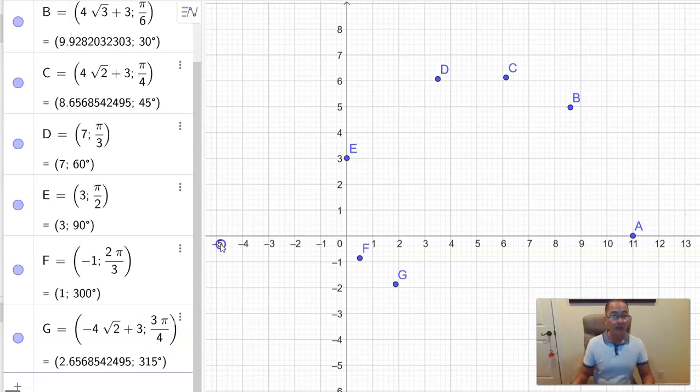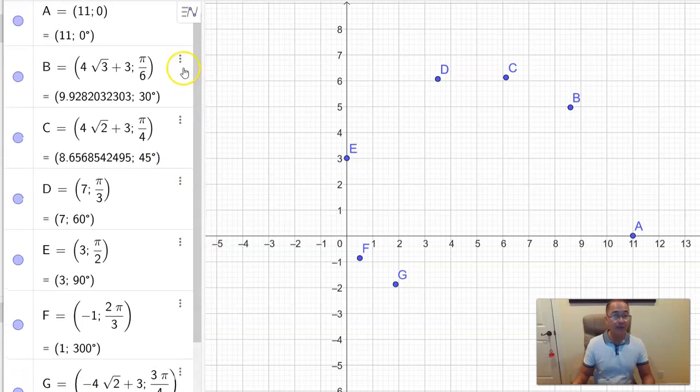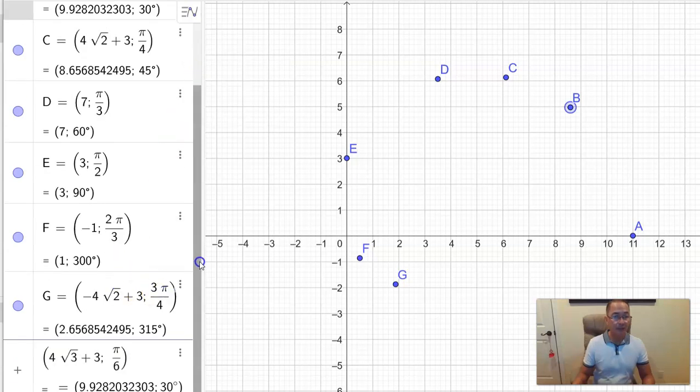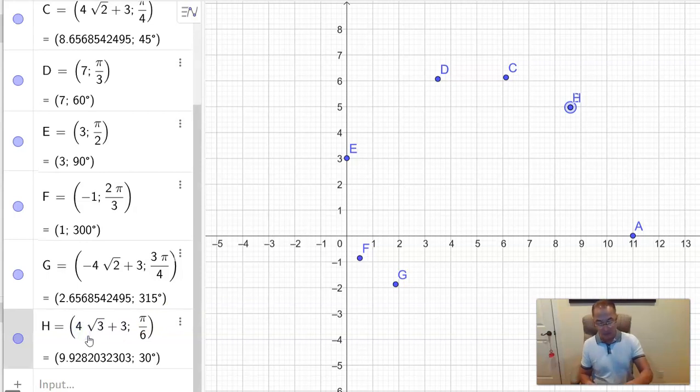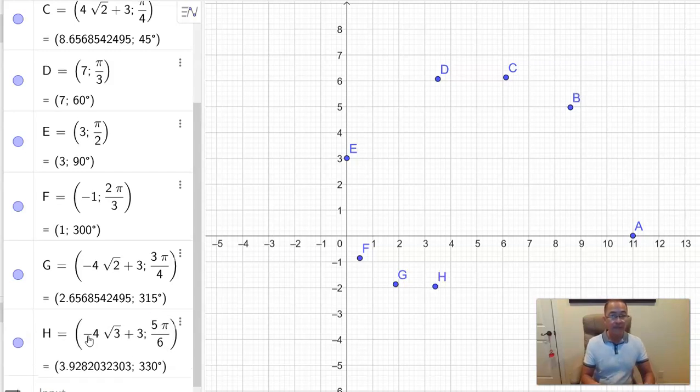Next, minus 4 radical 3 plus 3. So we will copy point B, duplicate input, and we will put a negative sign over here, and it will be 5 pi over 6. Okay, so 5 pi over 6 is supposed to be here.